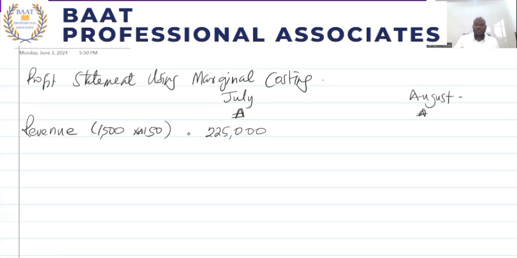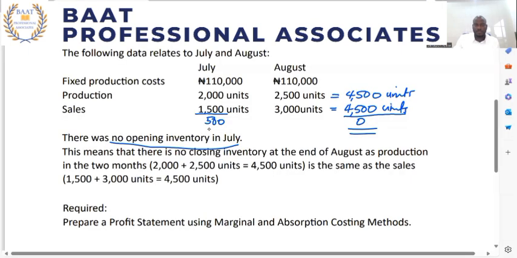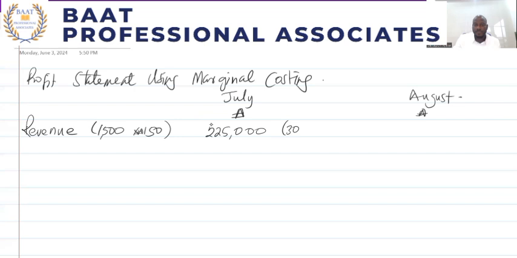In August, we sold how many units? 3,000 units at the same 150 naira. That will be 450,000.